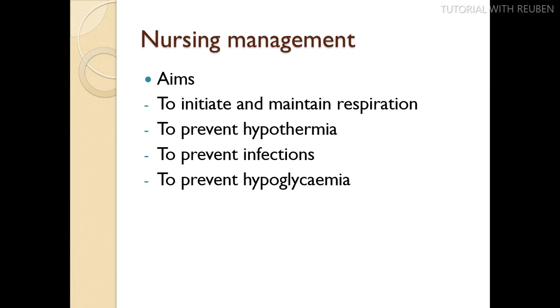Now, if the baby is unable to feed through those two methods, you can give 10% dextrose, which is given through IV, and then you give 60 ml per kg in the first 24 to 48 hours.